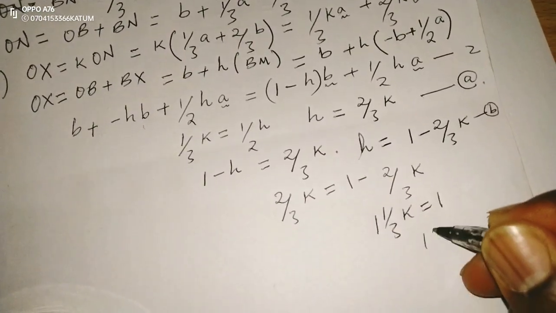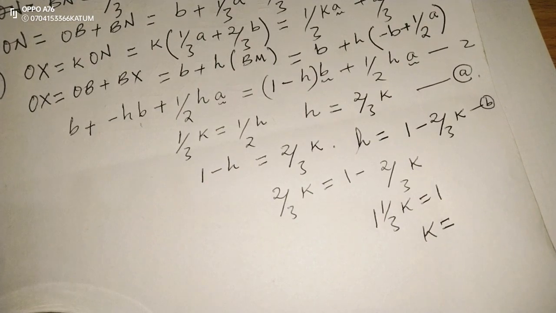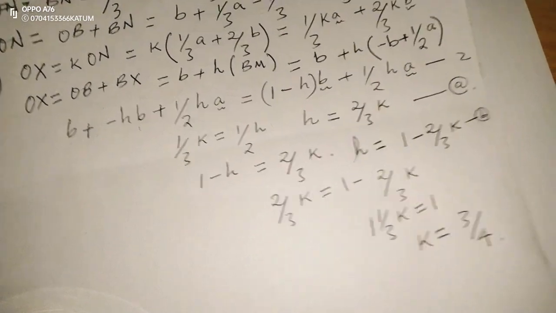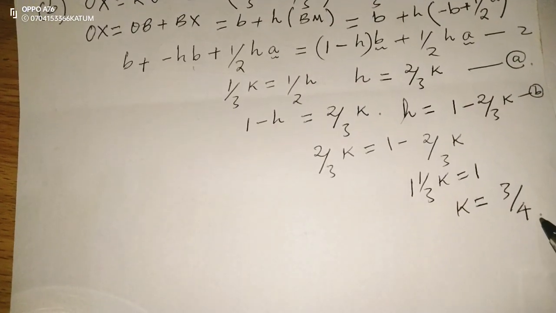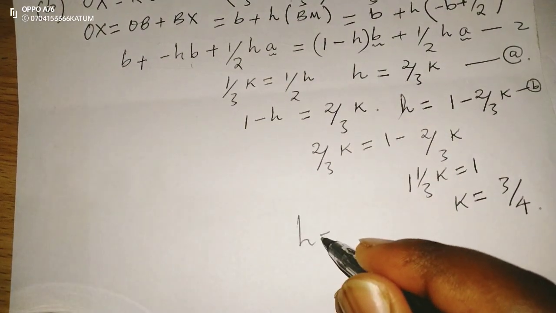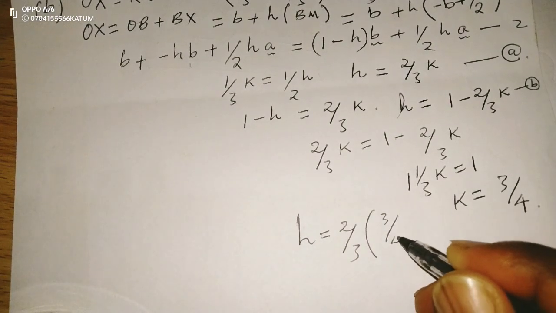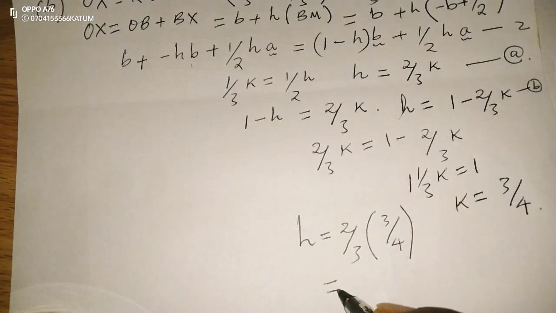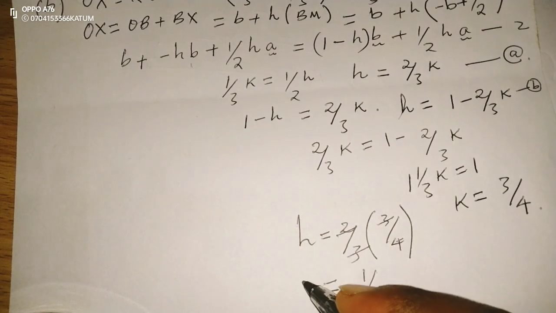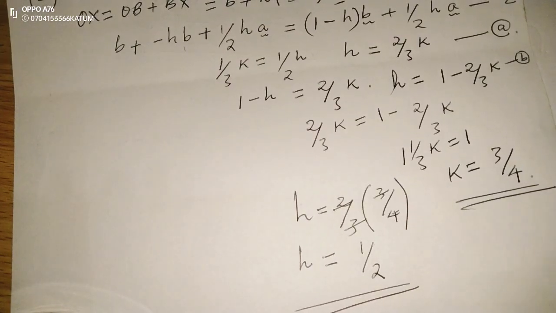So that K becomes the reciprocal of this, which is 3/4. So K is 3/4. Now that K is 3/4, then we can get H. H is going to be 2 out of 3 of K, which is 3/4. Therefore, this has to become half. So H is half, whereas K is 3/4.